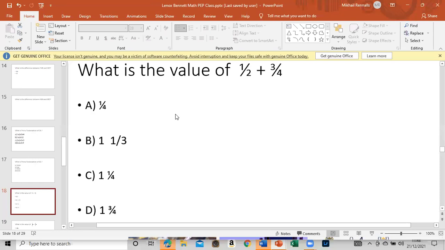Sir, it's D, as in dog, 1 3/4. And you're certain? Wait, no, sir. I choose B, as in bat, 1 1/3. Let me check again.